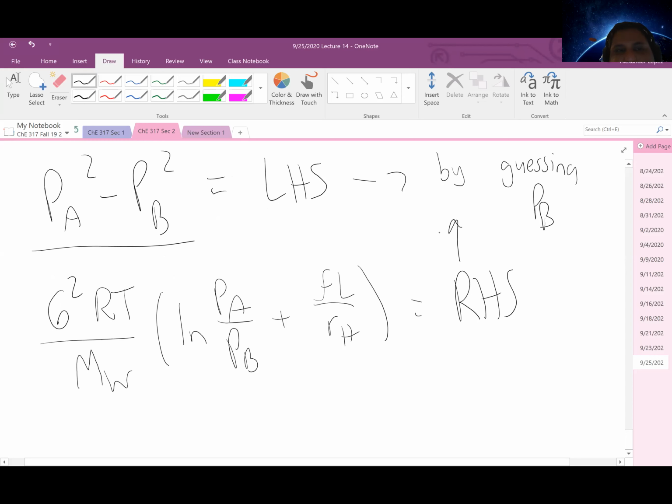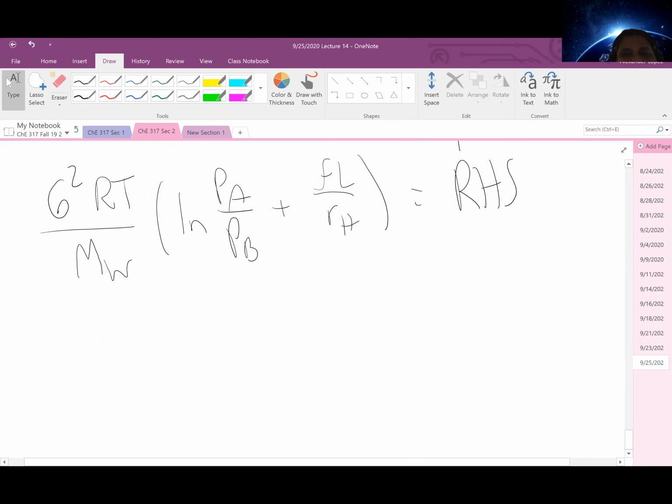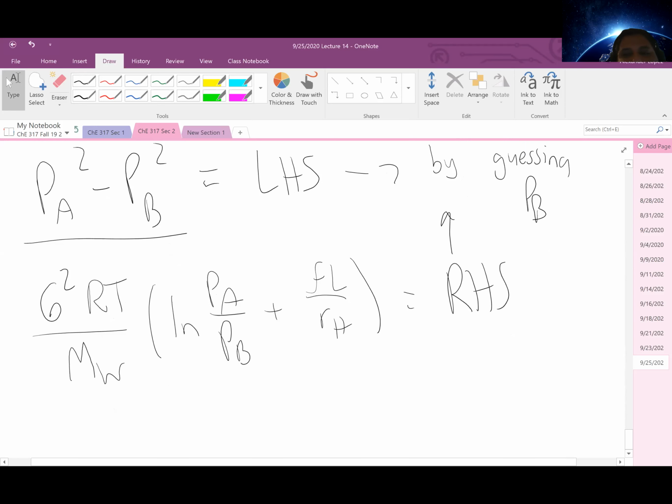Then what you can do is you basically guess the pressure, you end up with a value on the left-hand side, you guess the pressure, you get a value on the right-hand side, so you end up with two values.